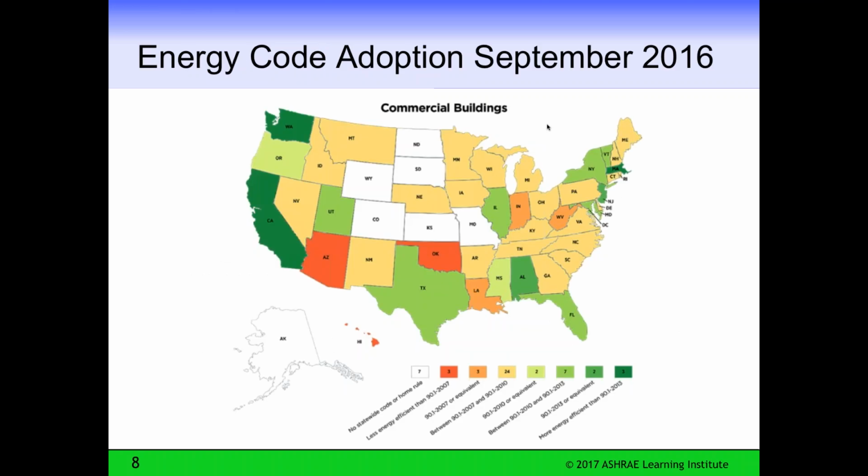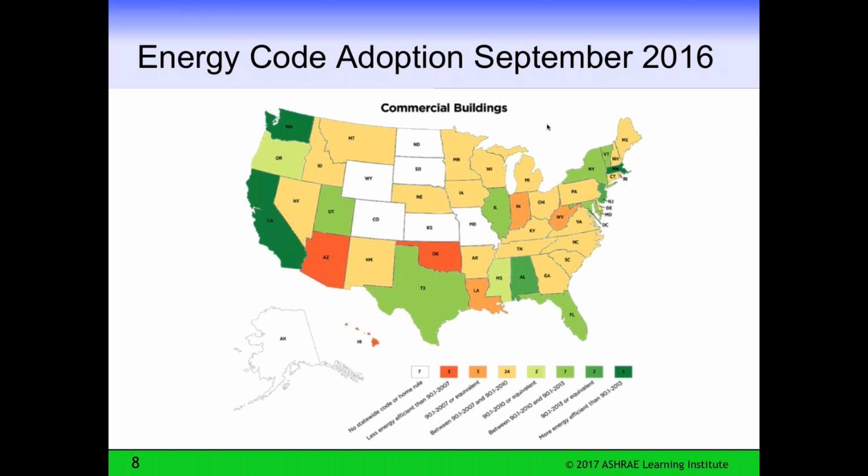So that's the learning objectives. Now we're jumping into the current state of adoption of various versions of Standard 90.1. If you look by states, the states that have a white background have no statewide code, or they have home rule.